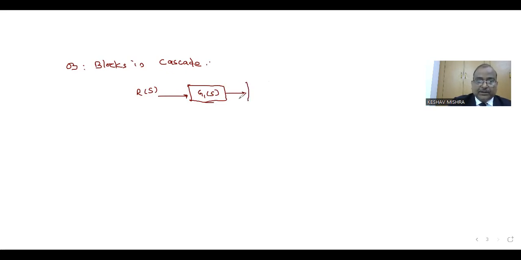Now this C1(s) is the input to the block with transfer function G2(s). Similarly, this can be continued for the next stage with transfer function G3(s), and finally we have the output, that is C(s).